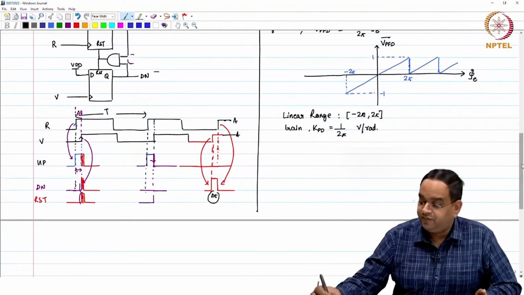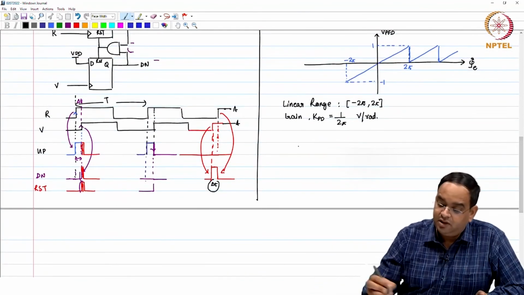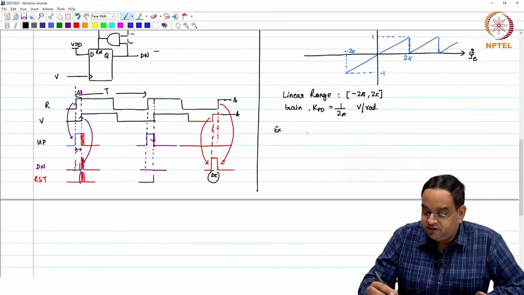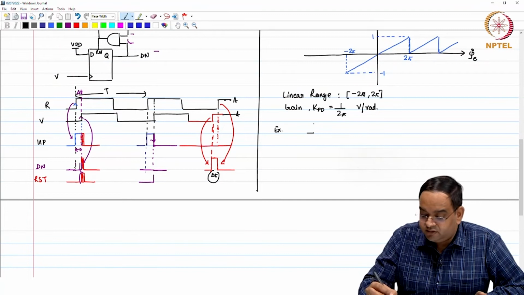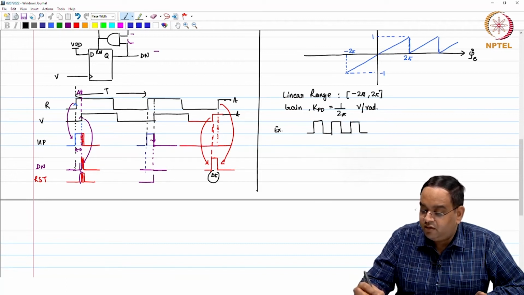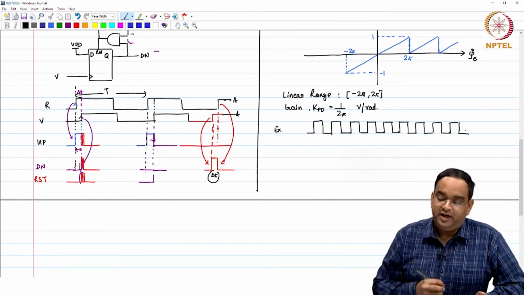So, for an example, let us consider this is your reference clock period. You can choose either way. Fine.